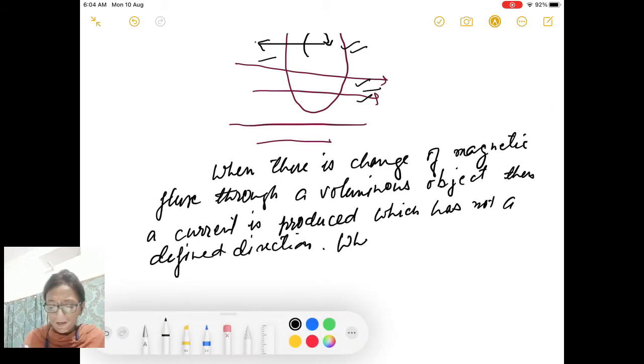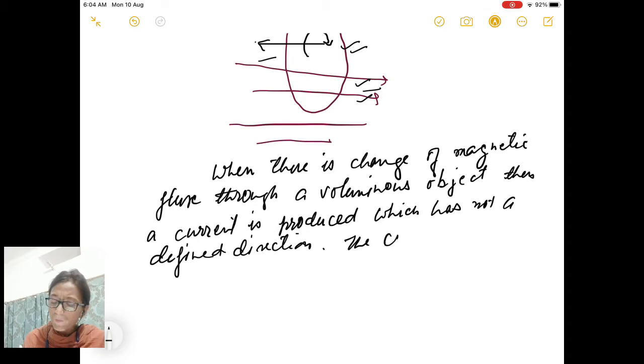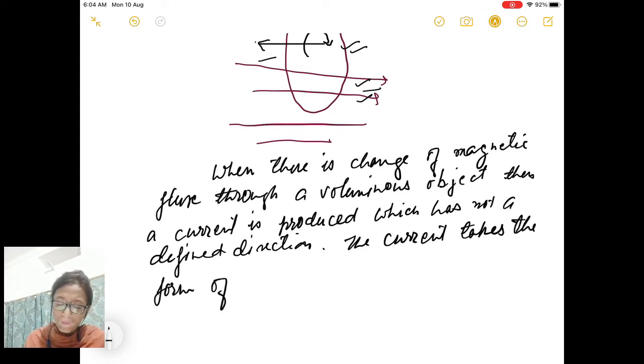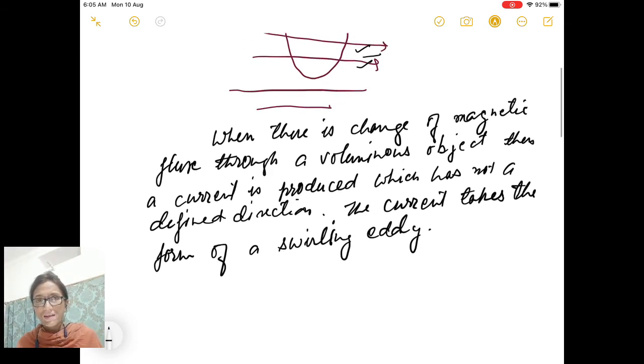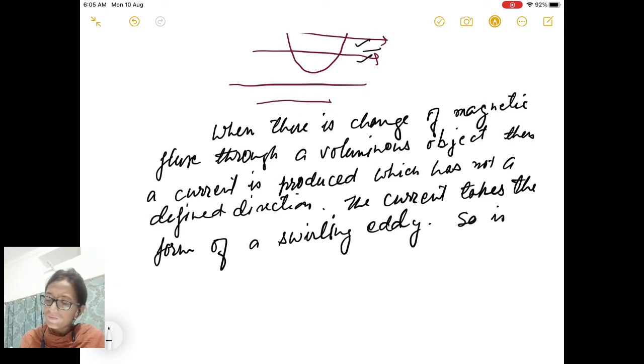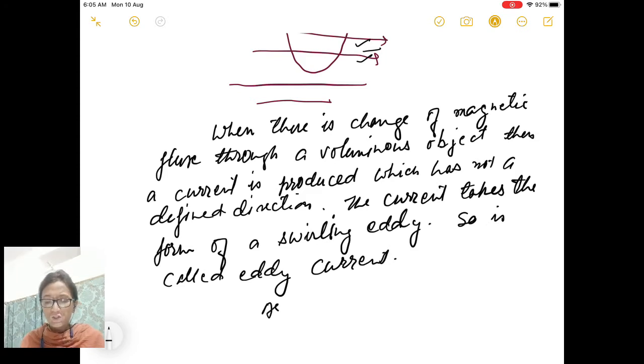The current takes the form of a swirling eddy, so the current is called eddy current, as discovered by Foucault.